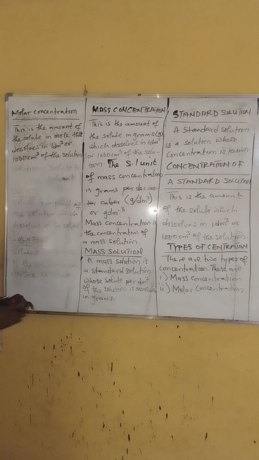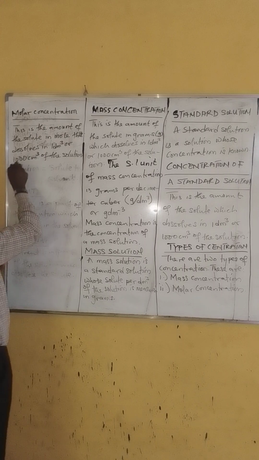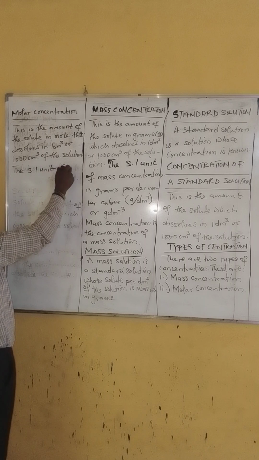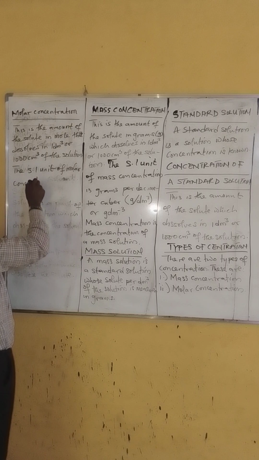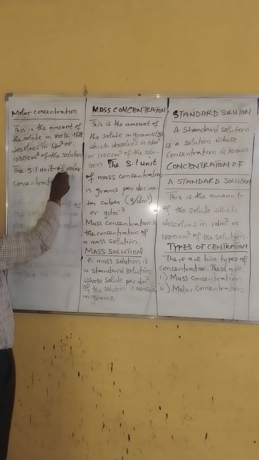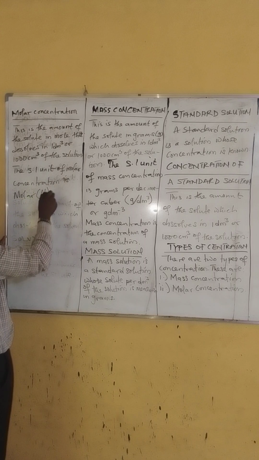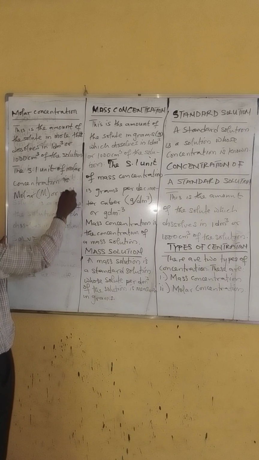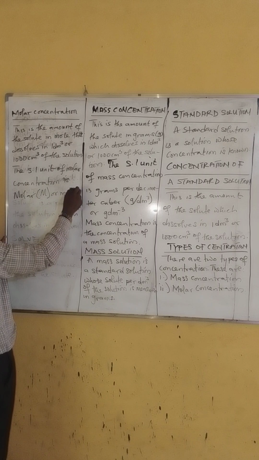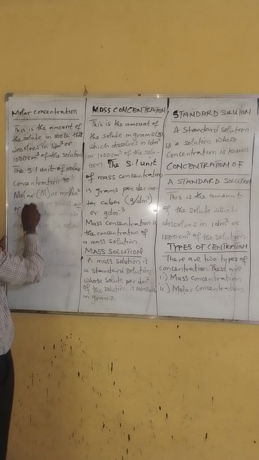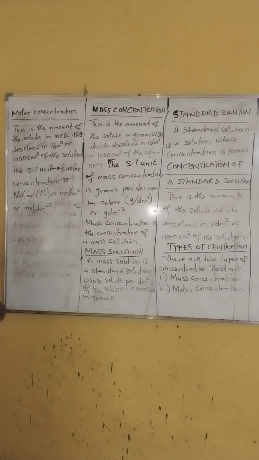Amount measured in mole. Now the SI unit of molar concentration is molar, capital letter M, or mole per dm³. If I will put a slash, or mole dm raised to power minus 3. That's the SI unit.